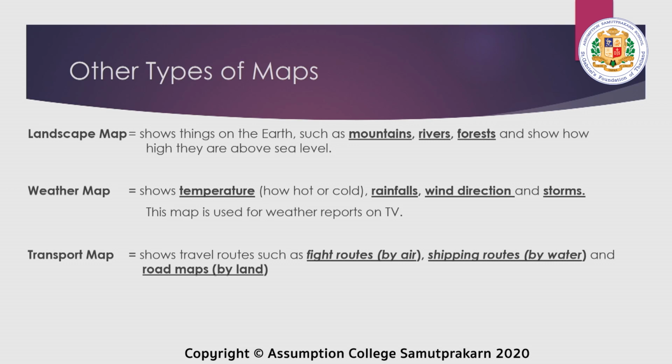Travel routes by air, we call flight routes. If you travel by water, we call it shipping routes. And if we travel by land, it's a road map. So these kinds of travel routes are shown in a transport map.